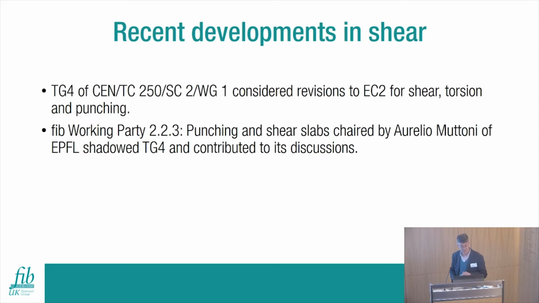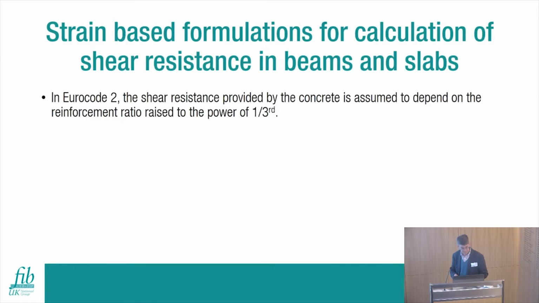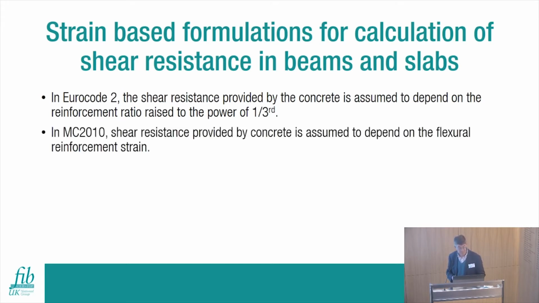And so the FIB Working Party had a significant input into the revisions which have been adopted into the draft Eurocode. So as you know, in Eurocode 2, the shear resistance provided by concrete in beams without shear reinforcement and also for punching shear is assumed to depend upon the flexural reinforcement ratio raised to the power of 1/3.